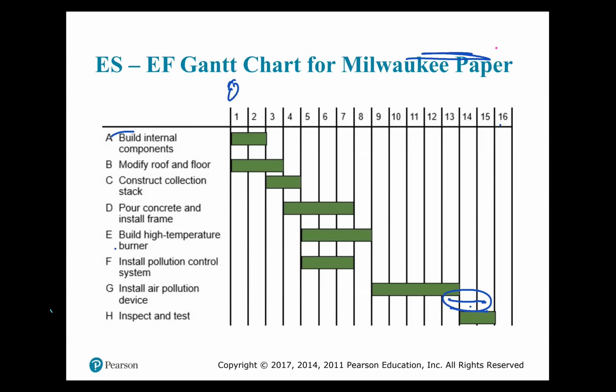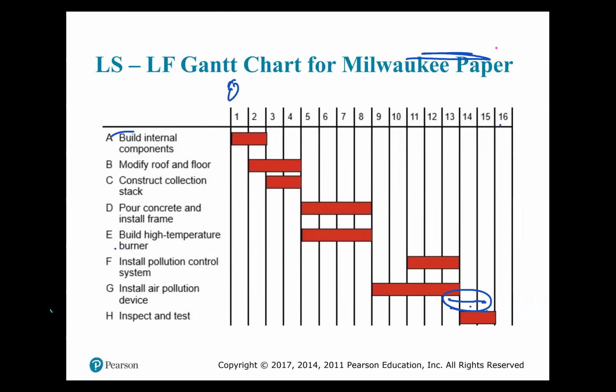Notice the project ending at week 15. So we do not normally ask you for the backward pass on the Gantt chart. It can be done as I'm showing you here. It takes a little more time and effort, but it can be done. You can see to help yourself if you wish to unravel the backward pass, right?